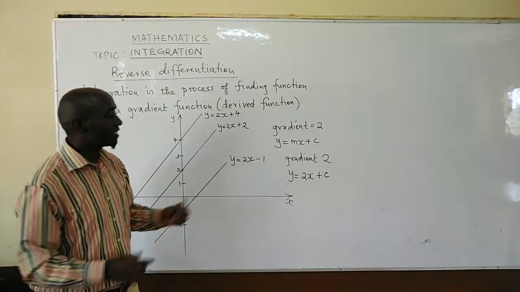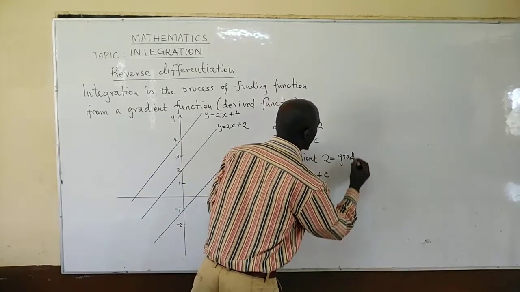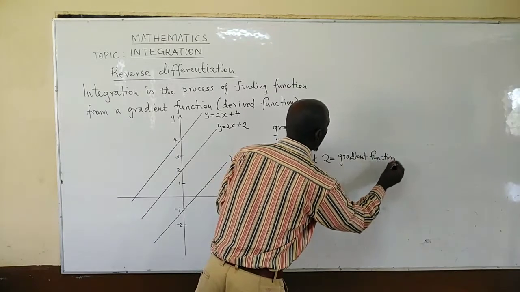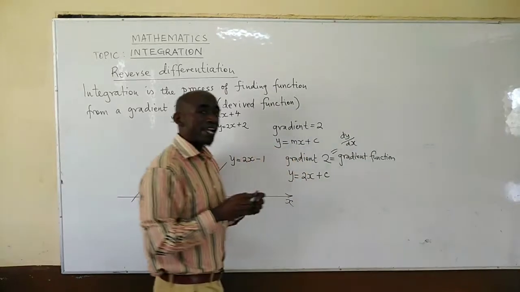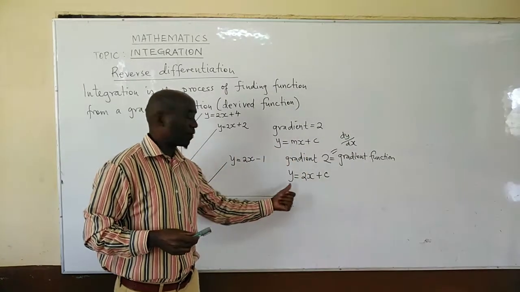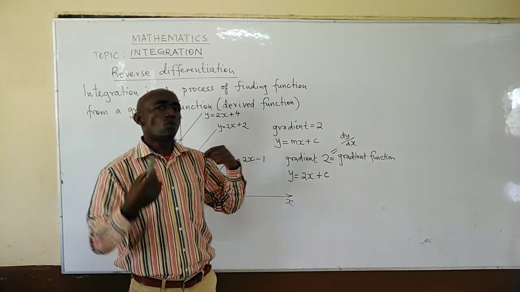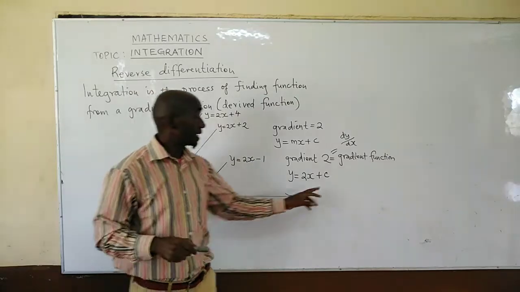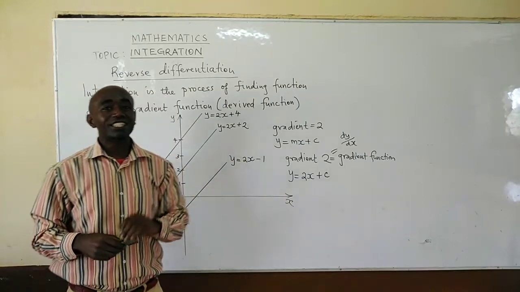What we have done is integration because gradient is the same as the gradient function, or this is the same as dy dx. dy dx has been given, you are looking for y. If dy dx is 2, then y equals 2x plus a constant c.